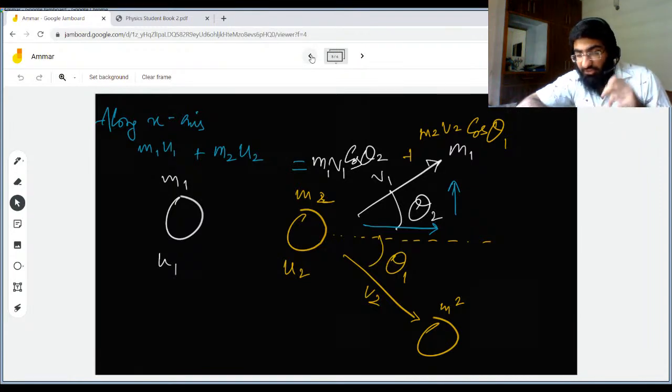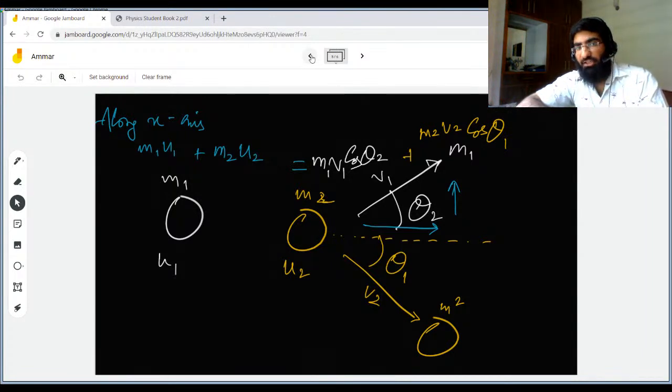In reality, in a difficult question, you could be given a question in which your frame of reference is not the x-axis but the y-axis. That is the first thing. Whatever your frame of reference is, we are always going for the horizontal components when we're talking about along the x-axis.